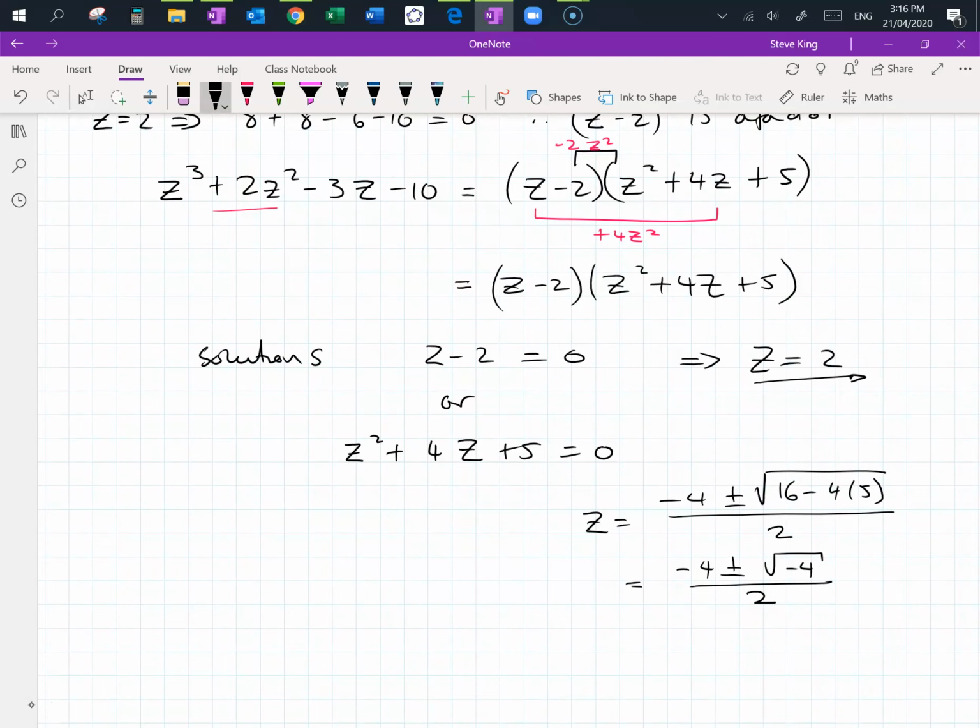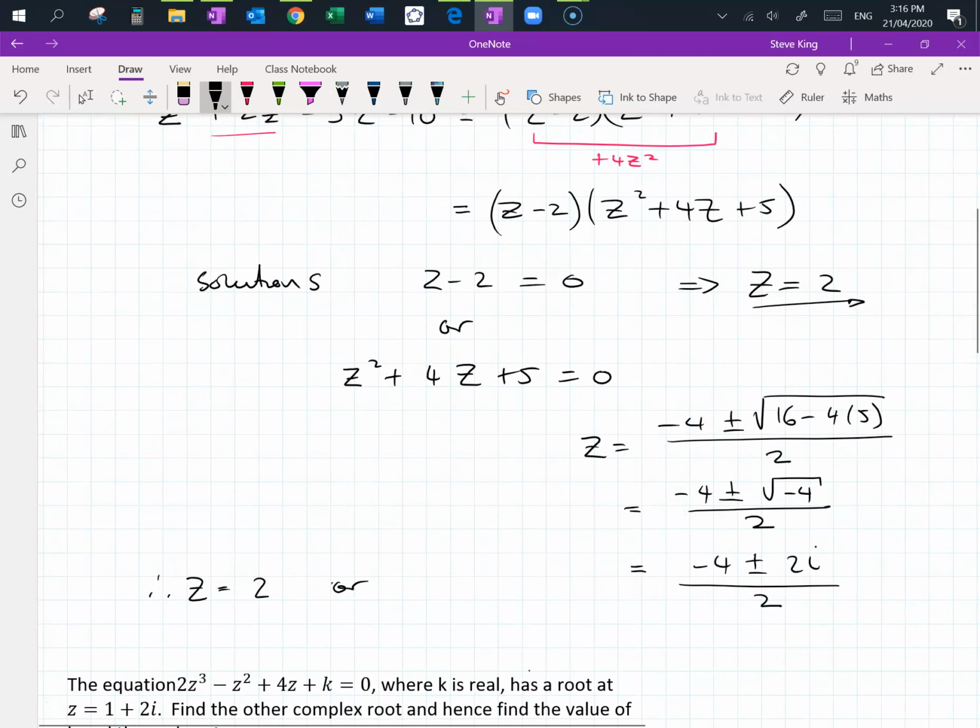So in other words, this is going to be minus 4 plus or minus 2i over 2. And so my solutions are z is going to equal 2, or z is going to equal minus 2 plus i, or z is going to equal minus 2 minus i. And there are my three solutions for that equation.